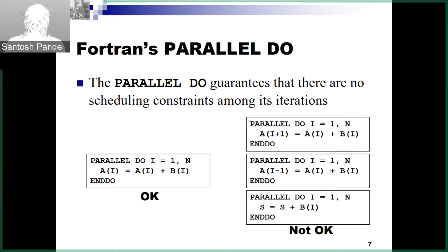As far as each iteration is concerned, it has its own set of writes which it carries out and its own set of reads which it carries out. And across the iterations, you can see that the reads they carry out and the writes they carry out are disjoint.